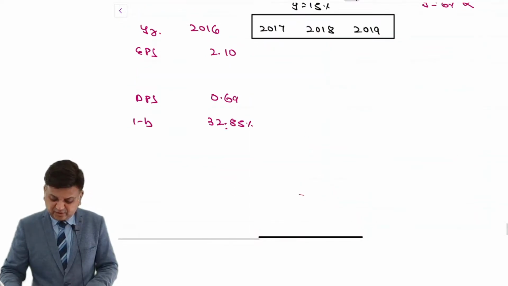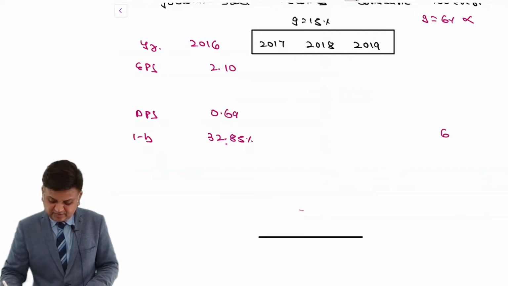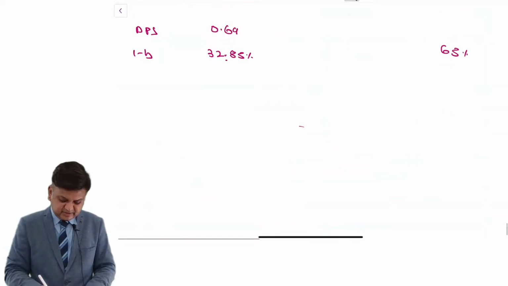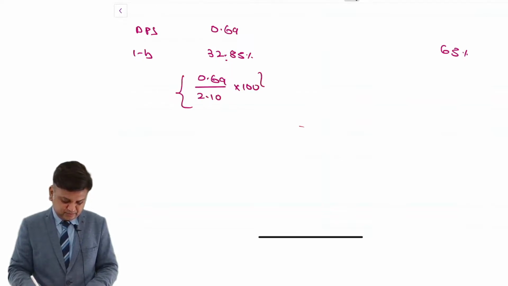And from when the growth rate will be 6%, it will be 65%. This I have explained to you: 0.69 divided by 2.10 into 100. This is what I have explained to you.